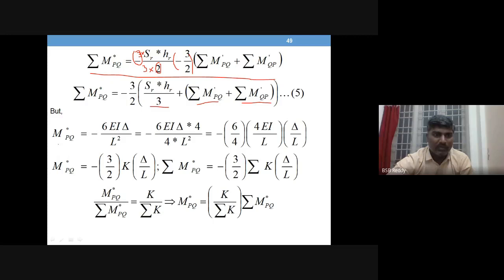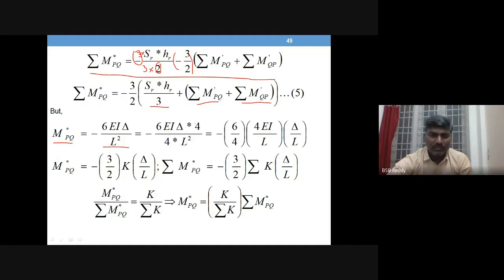But what we have for sway moments, we know the value 6 EI delta by L square, if the sway is towards right. Because we have taken the sway values to the right, it will be minus 6 EI delta by L square, and finally it will be 6 EI delta by L square.